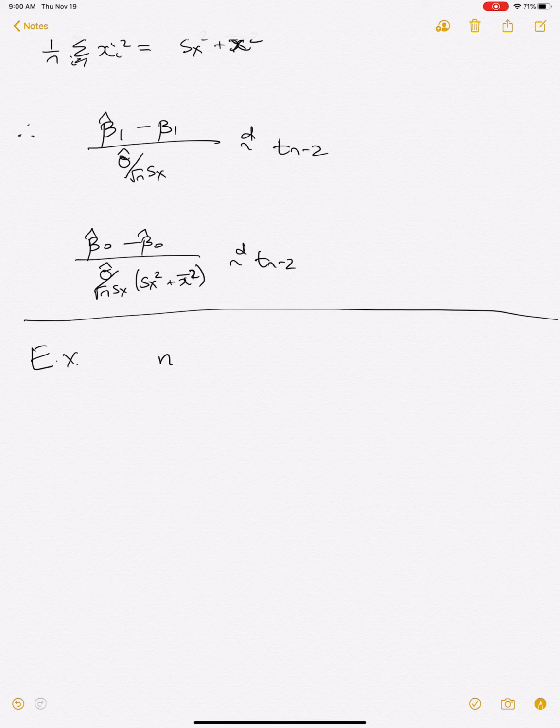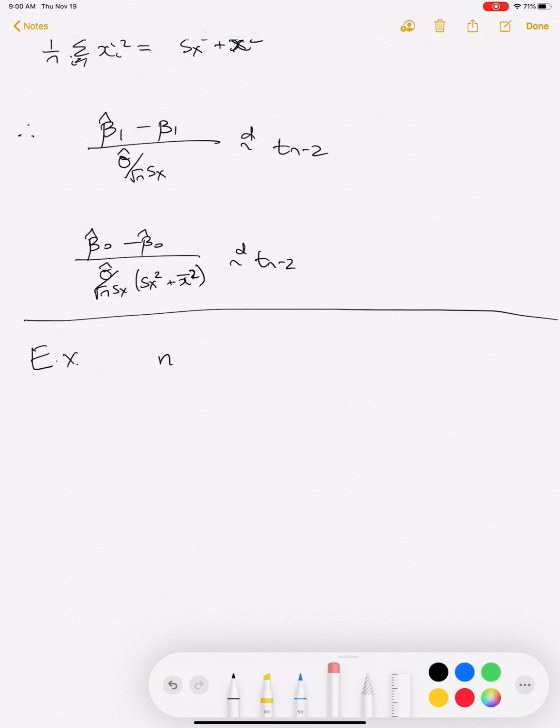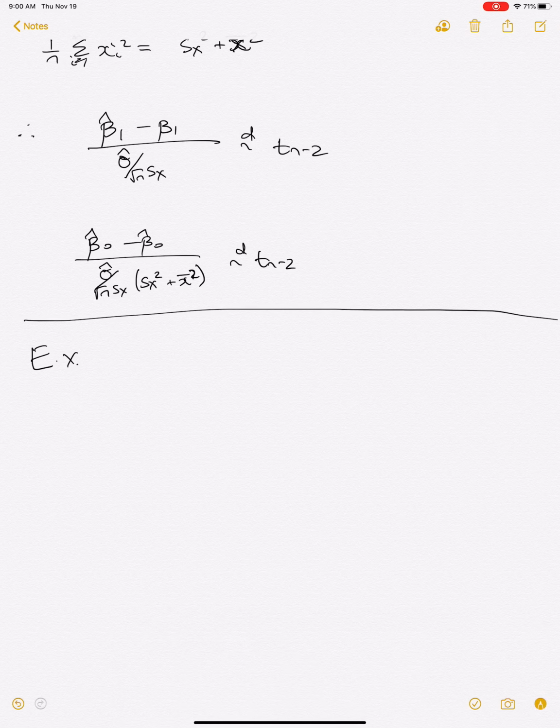So we've got a data set xi, yi, i equals 1 to 100.